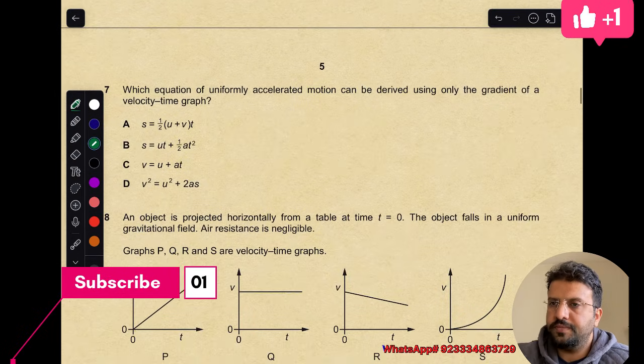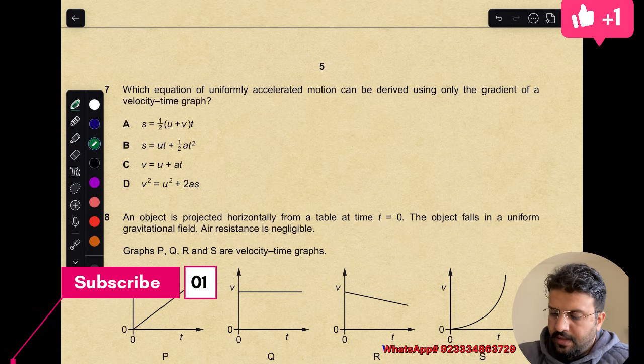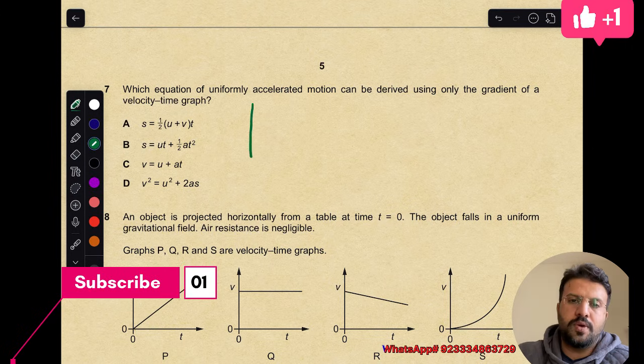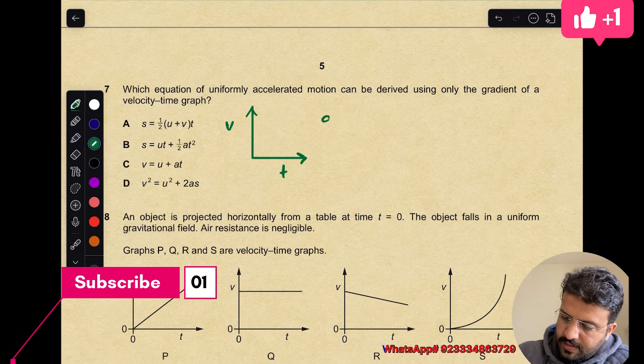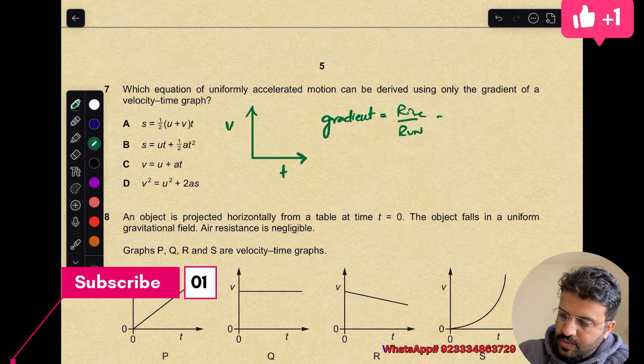Okay, and the next question: which equation of uniformly accelerated motion can be derived using only the gradient of the velocity time graph? If you remember the velocity time graph, there is a velocity, there is a time, the gradient is rise over run.